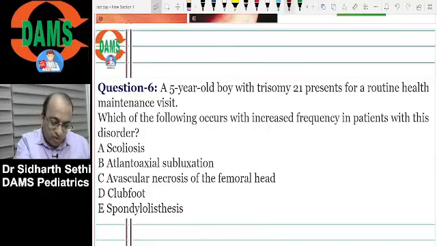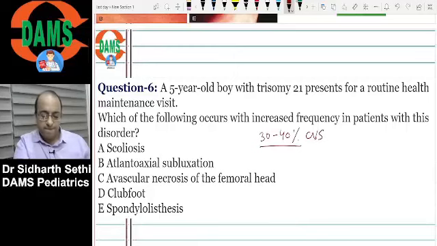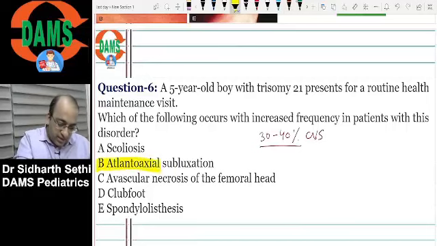Yeah, so all of you should know that 30 to 40% of Downs have a heart disease. We just discussed the heart disease, AV canal defect, endocardial cushion defect. Now you should also know that 10 to 20% of Downs can have atlantoaxial subluxation.